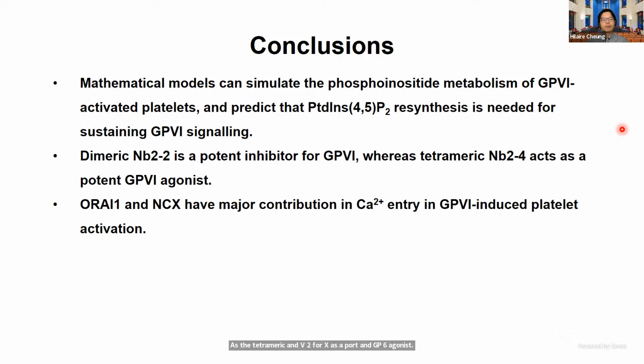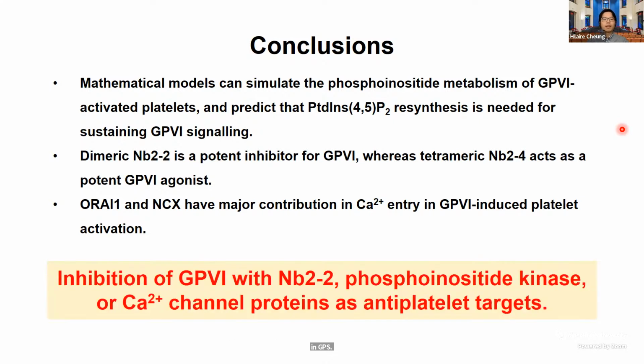Third, ORAI1 and NCX have major contributions in calcium entry in GP6-induced platelet activation. And to sum up, inhibition of GP6 with MB22 or inhibition of phosphoinositide kinase or calcium channel proteins are potential antiplatelet targets.